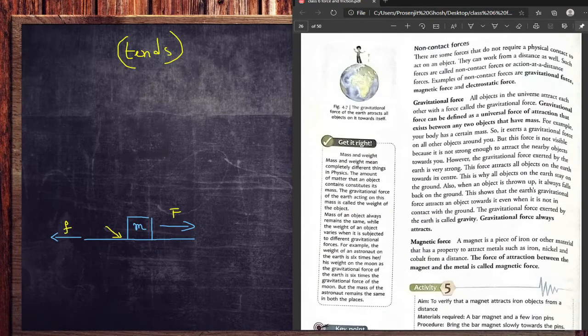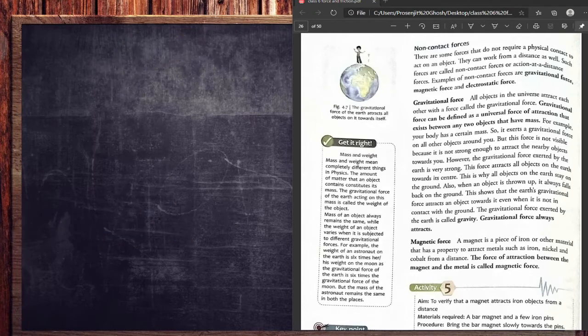Now coming to non-contact forces. What are they? In non-contact forces, you are not allowed to touch the other body, but you can apply force on it. How does that happen? Most of you have already observed the magnet. How does it work?